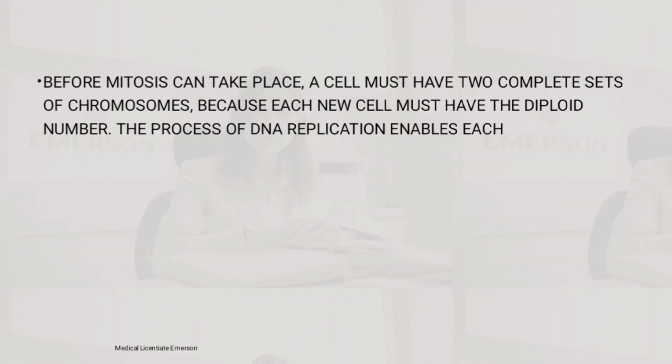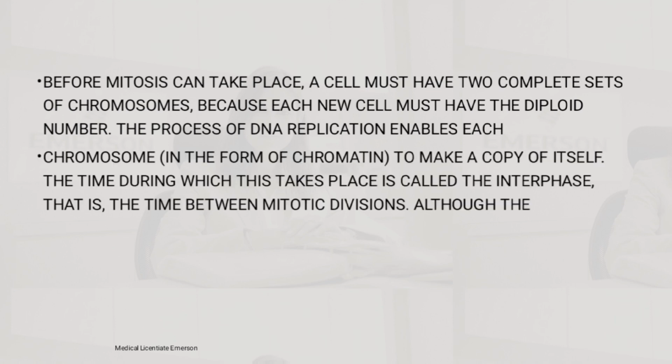Before mitosis can take place, a cell must have two complete sets of chromosomes because each new cell must have the diploid number. The process of DNA replication enables each chromosome, in the form of chromatin, to form a copy of itself.